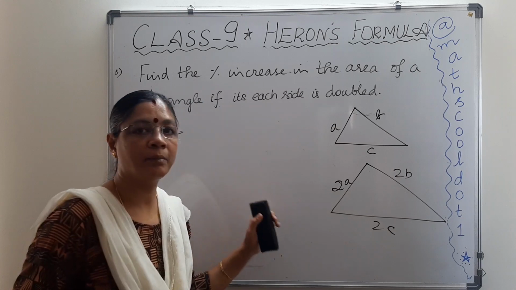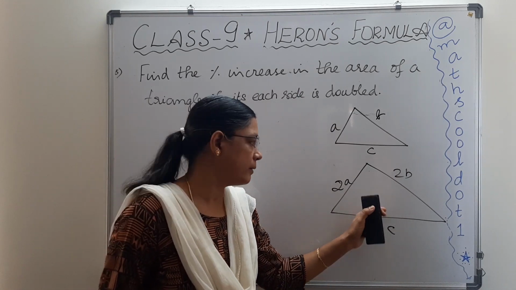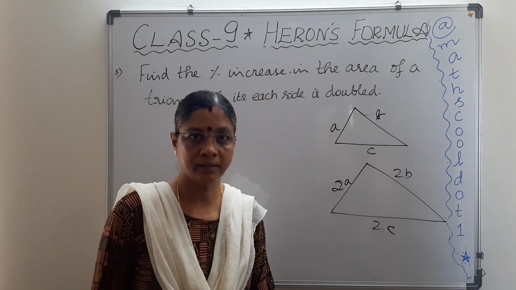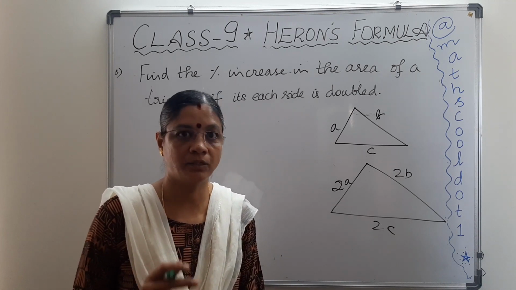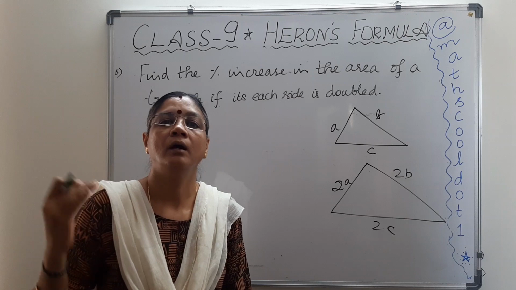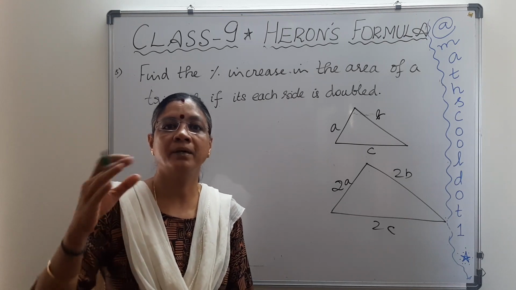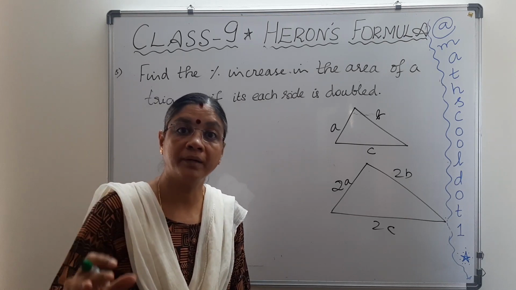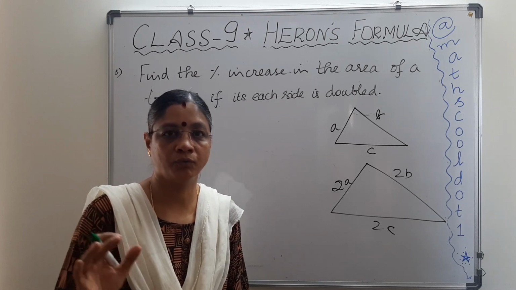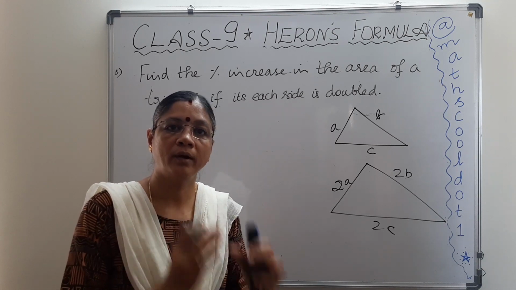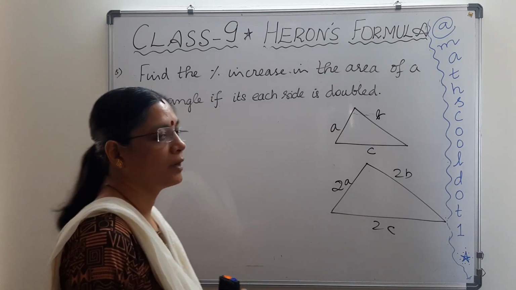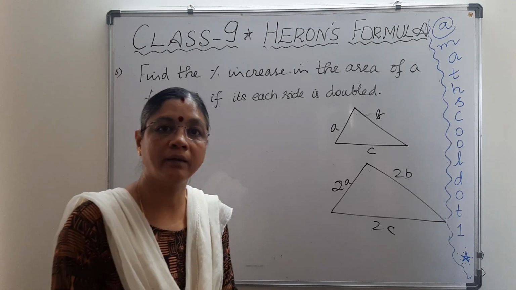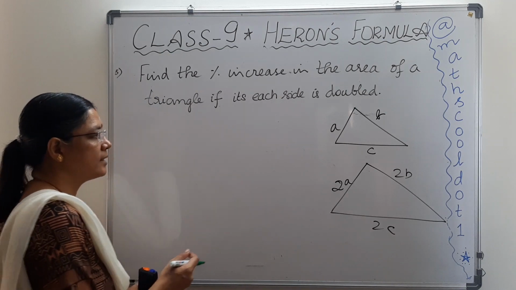Naturally the area enclosed by these lengths will increase, isn't it? So we need to find the percentage increase. When we come to the last part of the problem, finding the percentage increase, I'll tell you how to find the percentage when one quantity increases or decreases. Now we'll just find out how the area increases by doubling its sides.